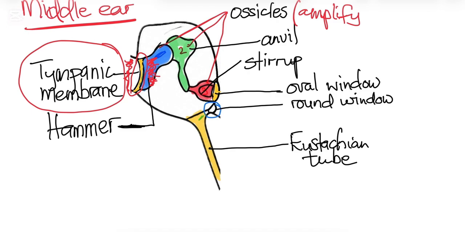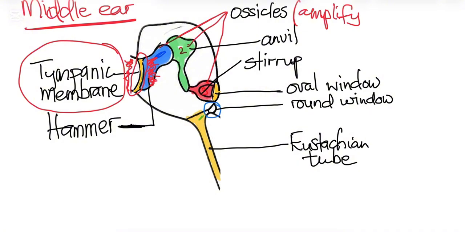By the way, the tympanic membrane is commonly known as the eardrum, but I encourage my learners to use the term tympanic membrane. You need to know that the tympanic membrane needs to vibrate freely.